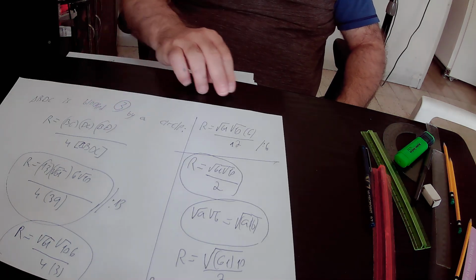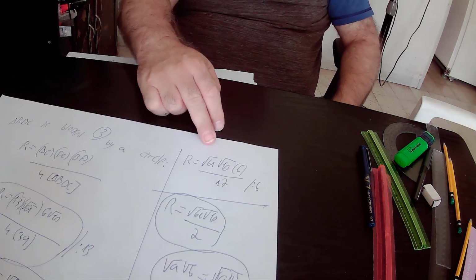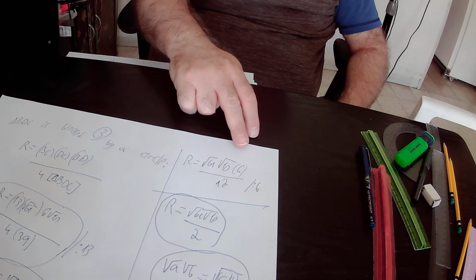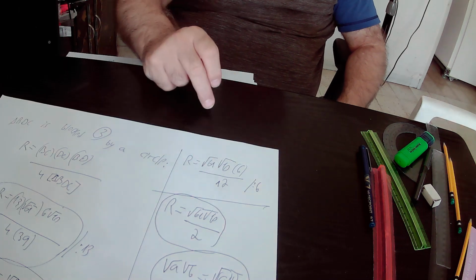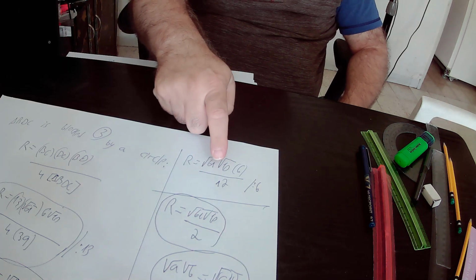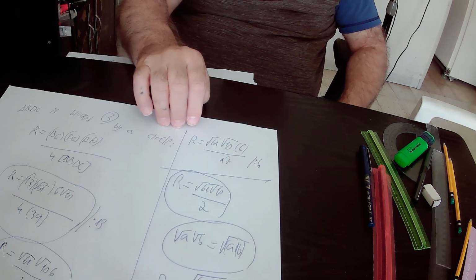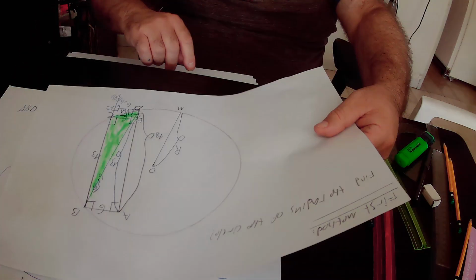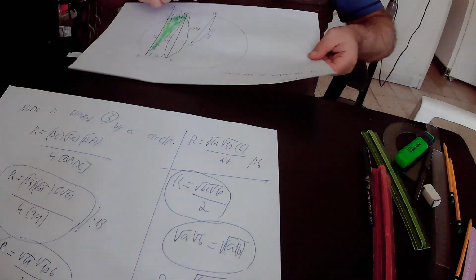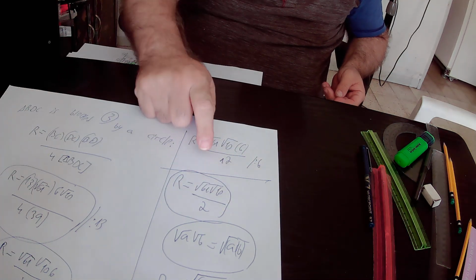Okay, so we divided both the numerator and the denominator of this expression by 6. 6 over 6 is 1, so in the numerator we are left only with the square root of 61 times the square root of 10, and 12 over 6 is 2. So in conclusion, we found that the radius of this circle, the radius we are looking for, equals the square root of 61 times the square root of 10 over 2.